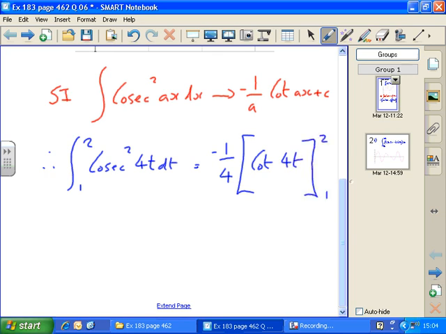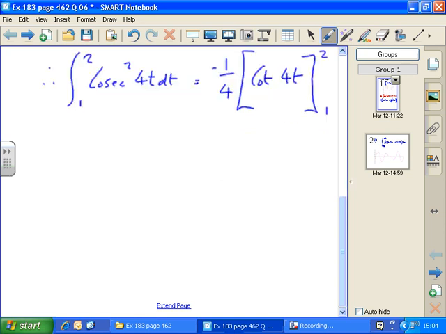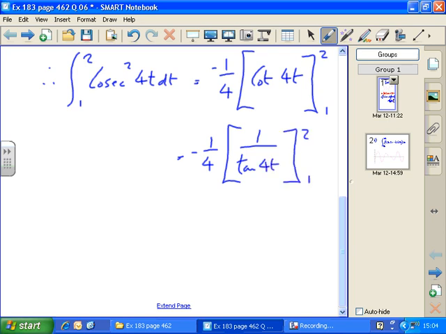Again, taking the minus 1 over 4 outside the square brackets, leaving cot 4t inside. And cotangent means 1 over the tangent, so this is like minus 1 over 4 times 1 over the tangent of 4t between 2 and 1.